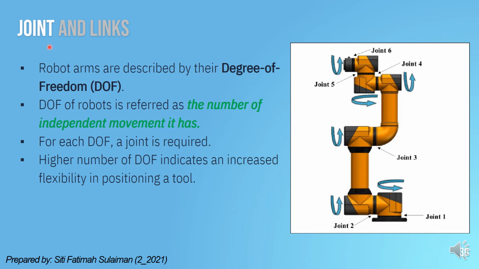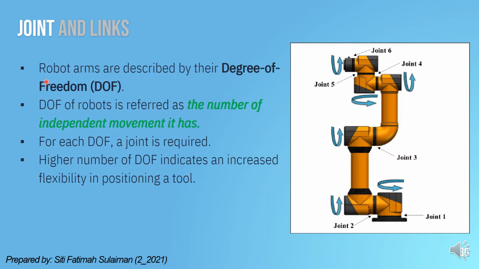Okay, so robot arms are described by DOF, or degrees of freedom. For each DOF, a joint is required.